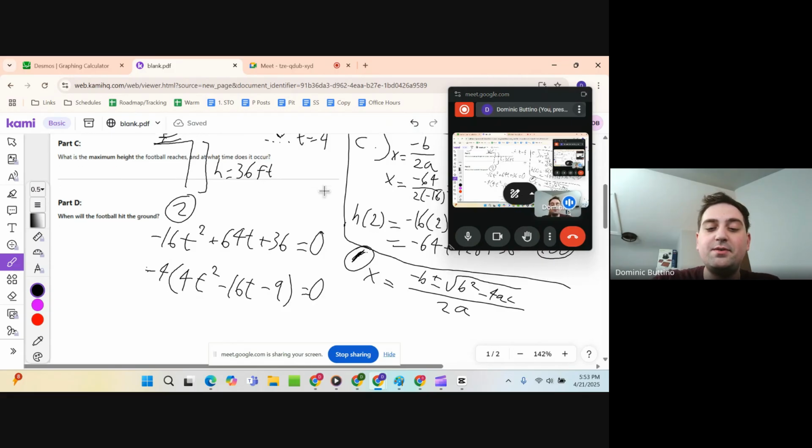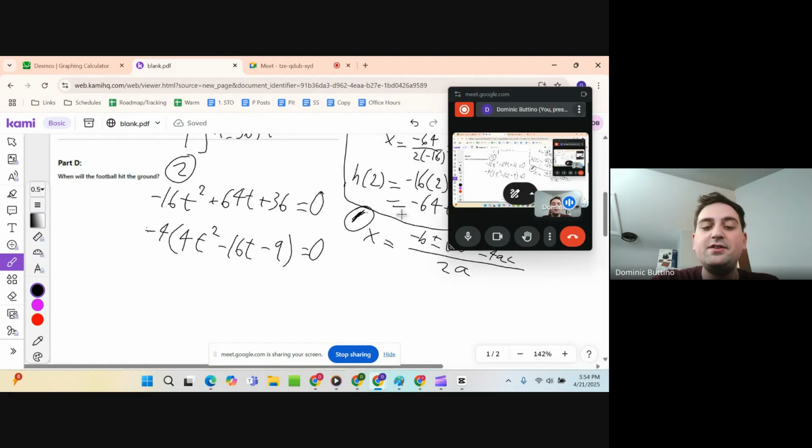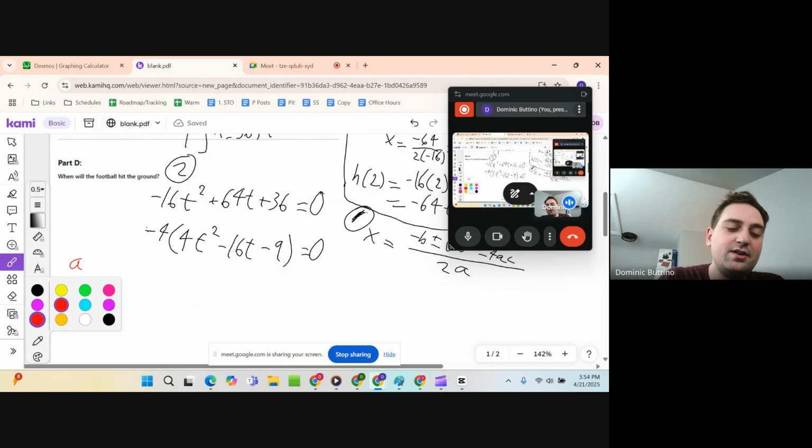The next thing we want to do is find our two special numbers. It just gets a little more complicated when we've got an a value that isn't 1. So we have to find that special a times c value. That's going to help us group this properly.